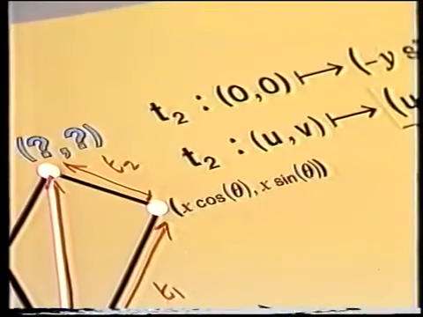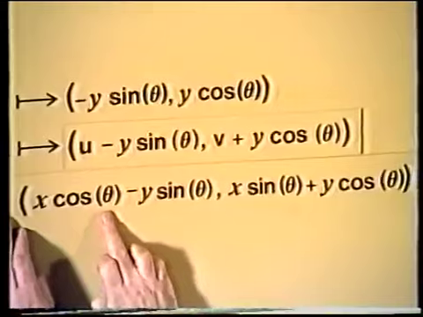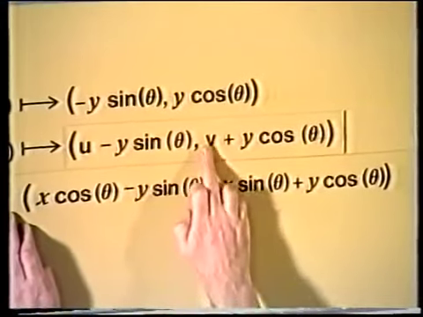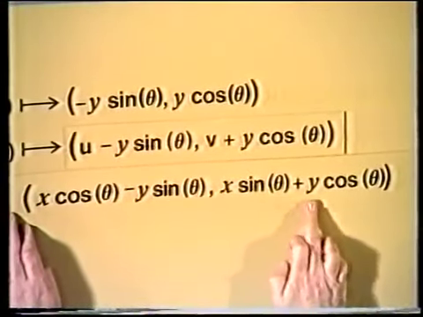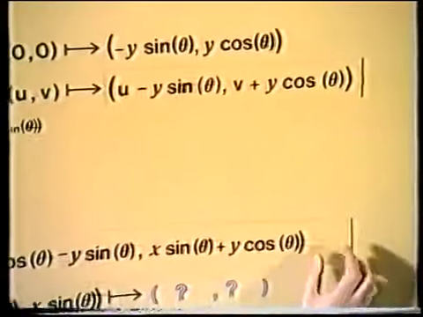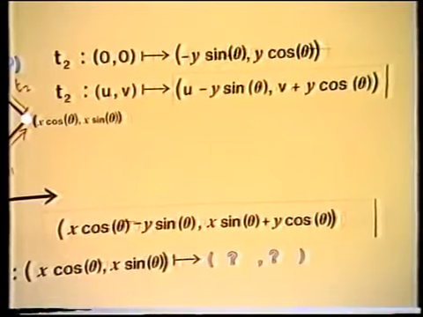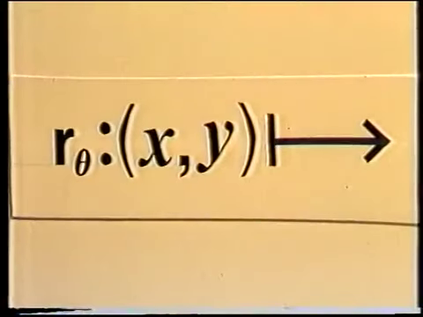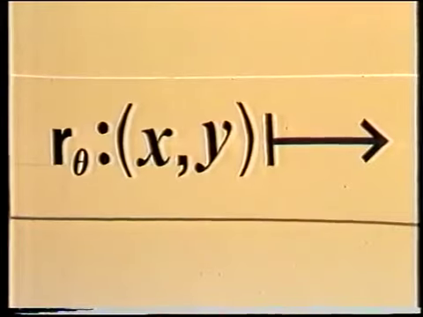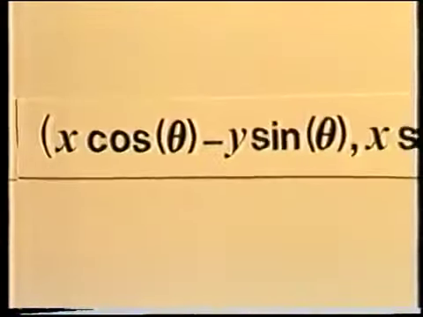And then we see that T2 maps it to x cos theta minus y sine theta, x sine theta plus y cos theta. And these are the coordinates of the point that we want. So we've completed the general problem we set out to solve. We started with xy, we rotated it through theta, and the point we ended up with had these coordinates.